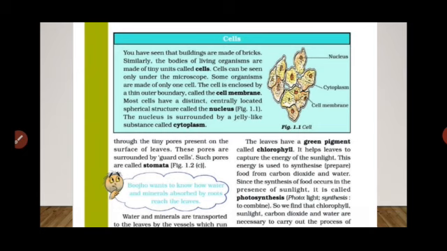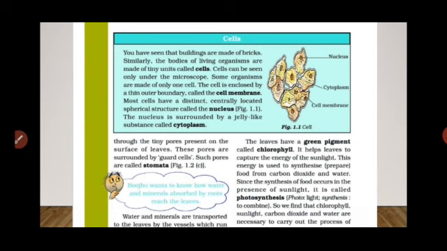Okay, and there are some animals which are made up of only one cell. Those organisms are called unicellular organisms.